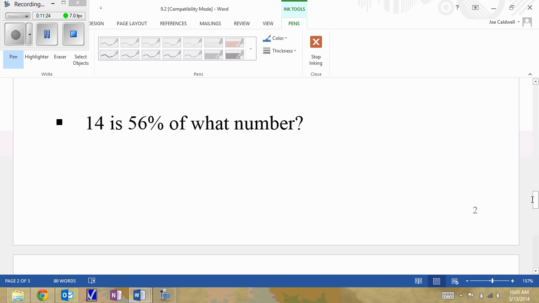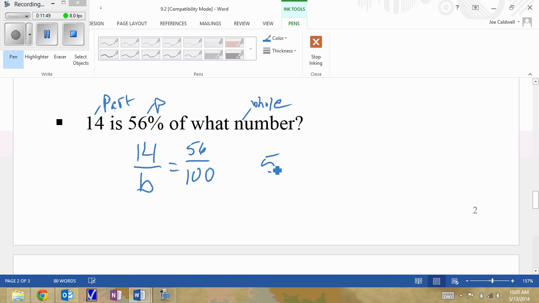14 is 56% of what number? So again, the part kind of comes first. You have your p-value, and then you have your whole, which normally when we ask what number, that's going to be our variable. So we have 14 over b equals 56 over 100.